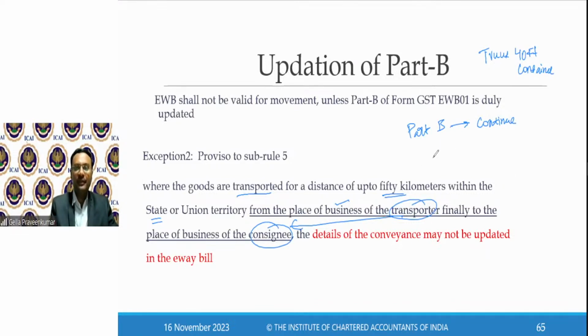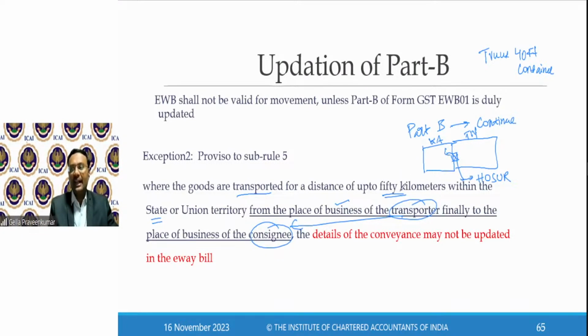I'll give the example of Karnataka and Tamil Nadu. Say this is my Karnataka and this is my Tamil Nadu. Between Karnataka and Tamil Nadu on the border, I have a place. I call this place Hosur. Hosur is a place in Tamil Nadu. Now from Hosur, 1 kilometer is Karnataka.